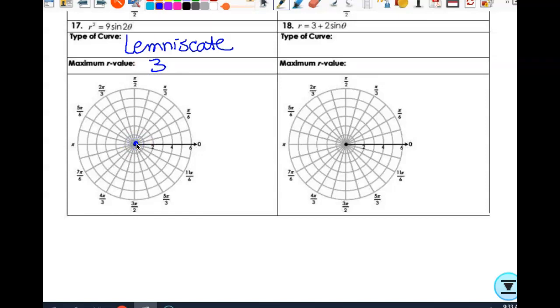This is sine, so I'm not on the positive x-axis and I'm not on the positive y-axis because it kind of follows along with the roses. It's rotated, but the lemniscates will always be rotated 45 degrees when it's sine. So it's either flat or it's rotated 45 when it's for the ones that we're graphing anyway. And then it looks like a bow tie.